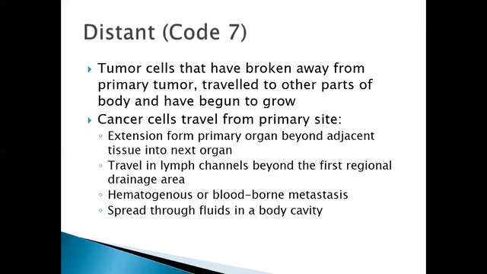And then cancer can also spread through the fluids in the body cavity. An example would be malignant cells that rupture the surface of a primary tumor and then are released into the thoracic or the peritoneal cavity. These tumor cells then float in the fluid and can land on and begin to grow on any tissue that fluid reaches.